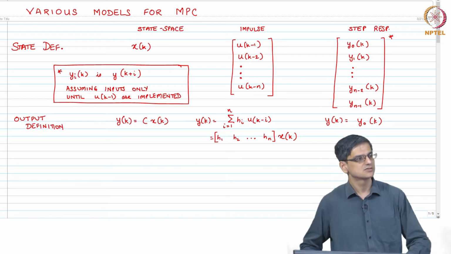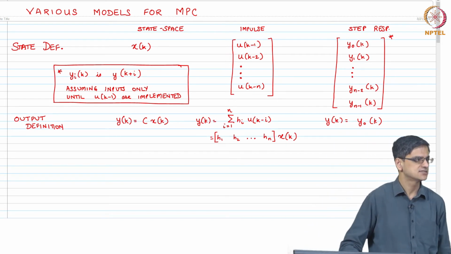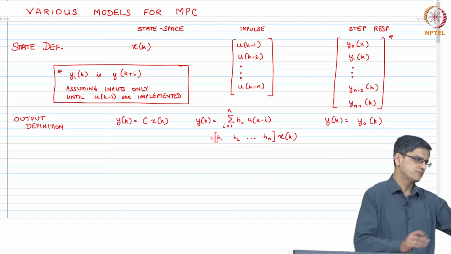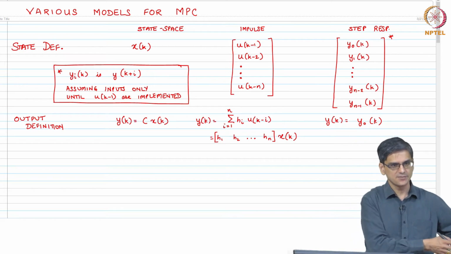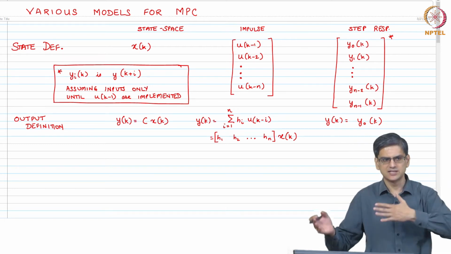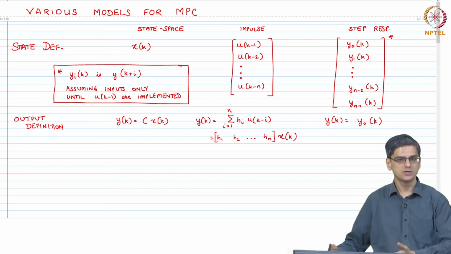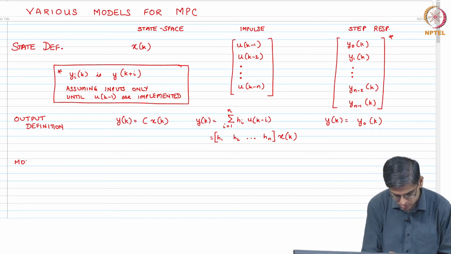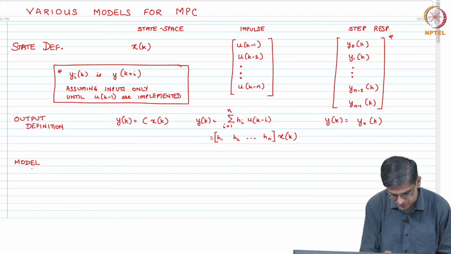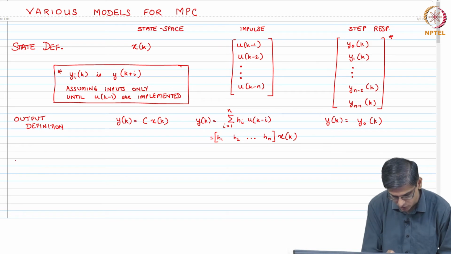The question now is, when you go to the next time k plus 1, or from k minus 1 you have come to the current time k, how do you go from xk minus 1 to xk, or from xk to xk plus 1?